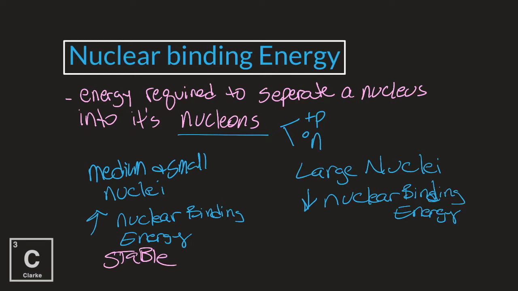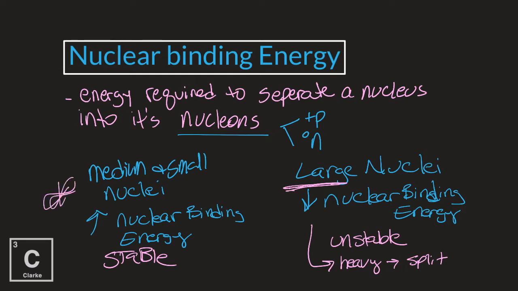And when the binding energy is a little bit less, that's what causes these nuclei to be unstable. So really large, heavy nuclei will split into two medium-sized nuclei to find stability. Heavy nuclei with lots of nucleons oftentimes become so unstable that they split into two. And those two smaller nuclei are much more stable.